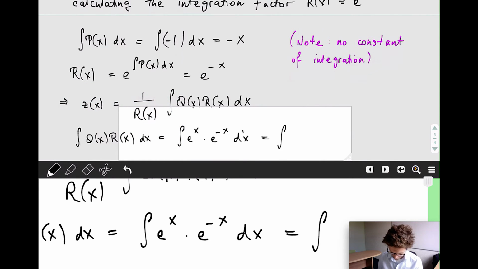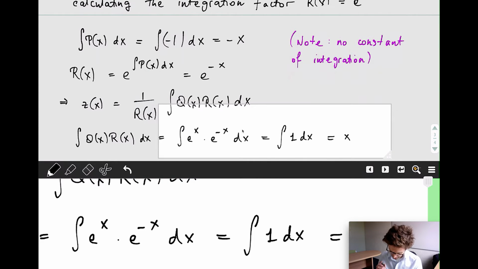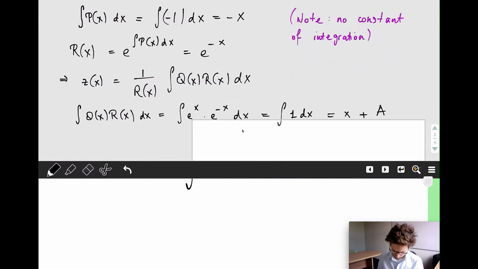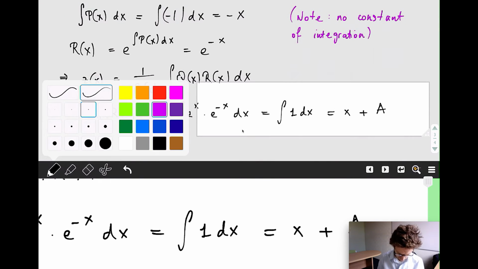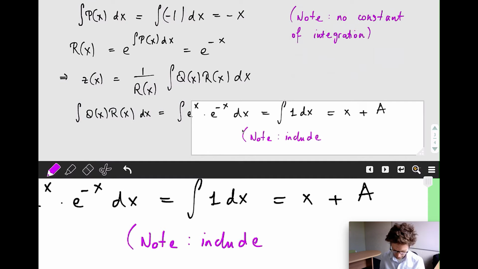I've got the integral of 1 dx, which is just x. But I also have to include a constant of integration here. So let's call that constant of integration a, and remind ourselves that we do need to include the constant of integration at this step.